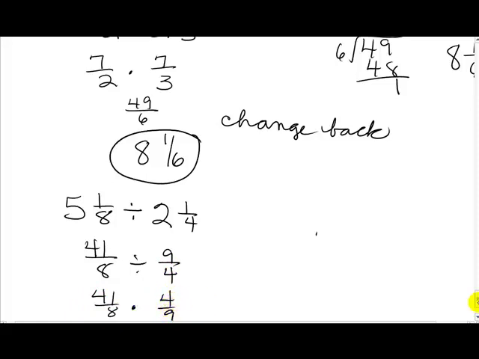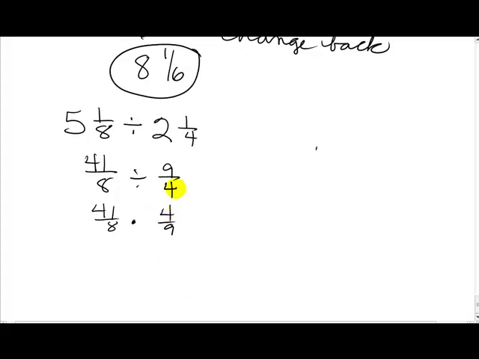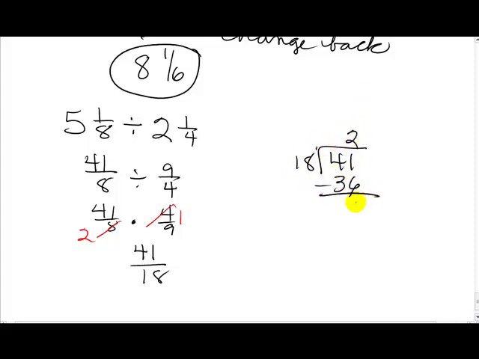Flip. These two can be divided by 4. And then I'll have 41 over 18. Come over here and do the math. Let's see. 2. Give me 36. 5. So this is going to be 2 and 5 over 18.